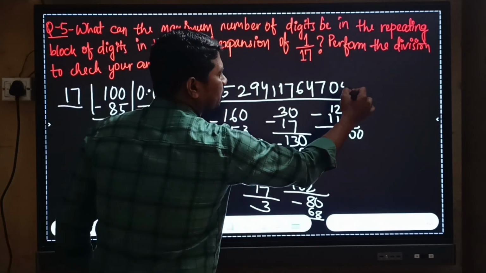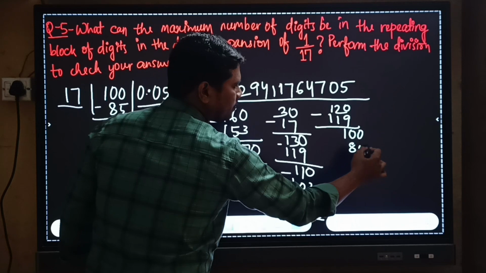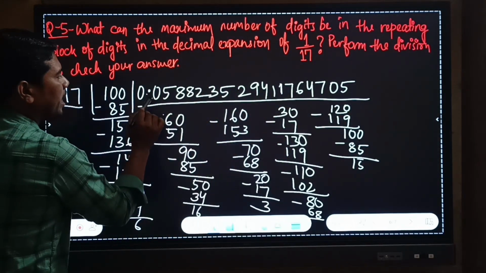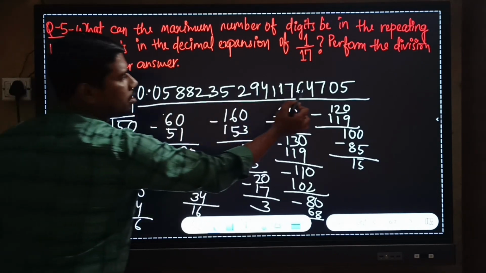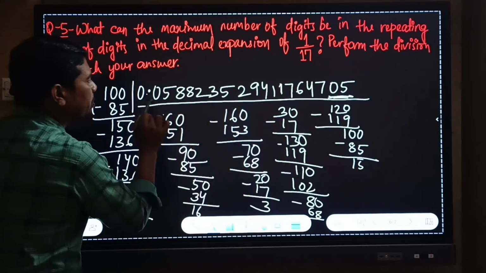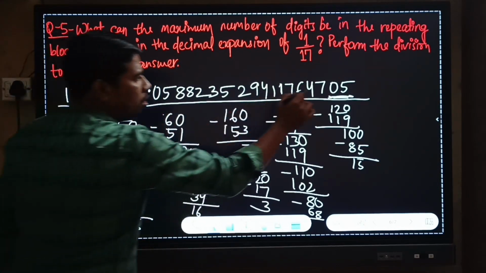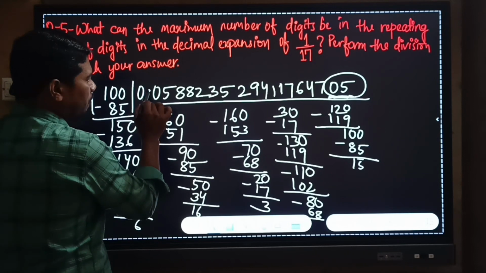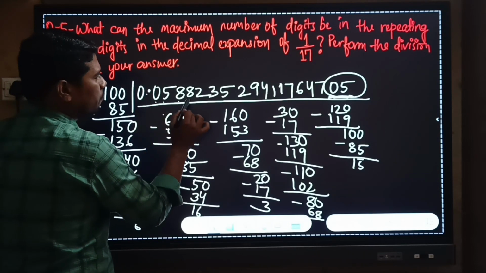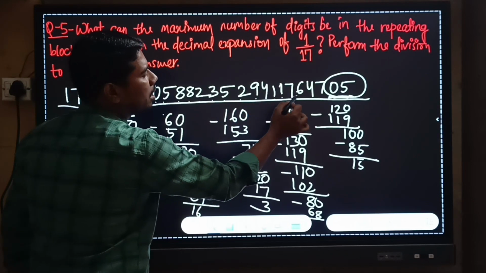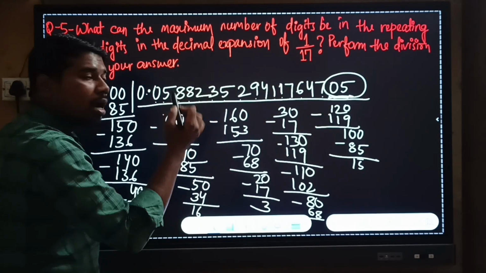17 5s are 85. Look at here. That same number came again. After this value, again the same number came. So don't write this number, just see. After the point, 1 2 3 4 5 6 7 8 9 10 11 12 13 14 15 16.